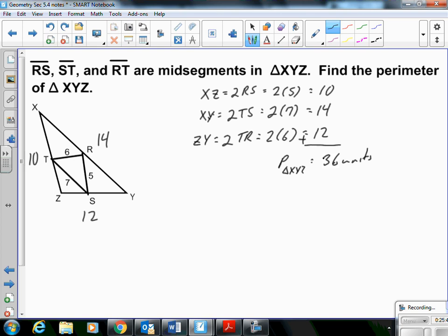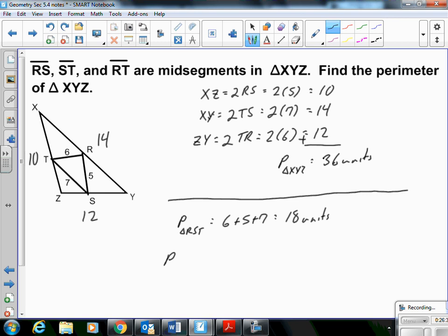So that's one way you could do it. But another way you could have also done this, since the sides are related as a 1-to-2 ratio basically, then the perimeters are related in the same way. So I could have started off by saying the perimeter of triangle RST, I just added all the sides of RST, which would have been 6 plus 5 plus 7, which is 18 units.